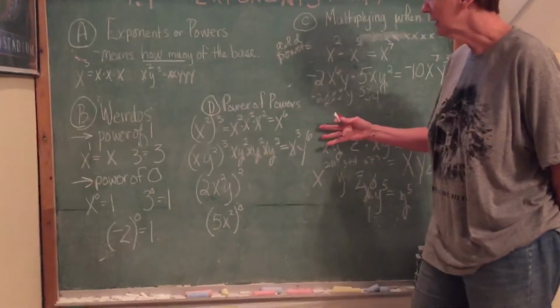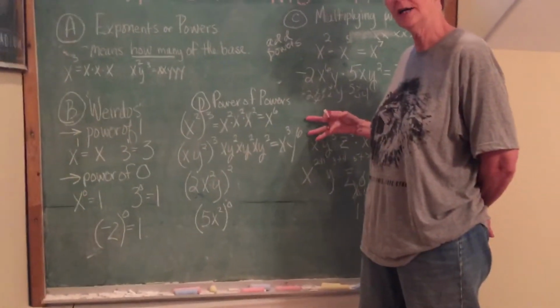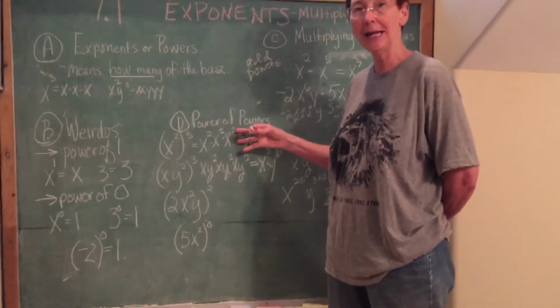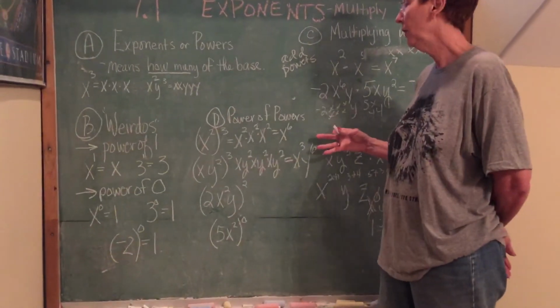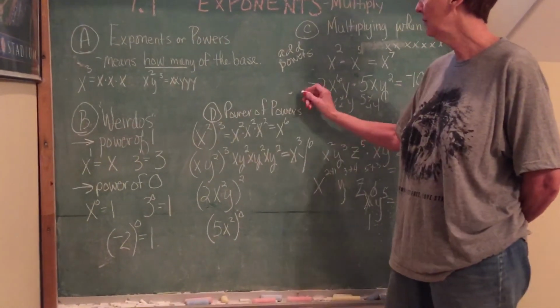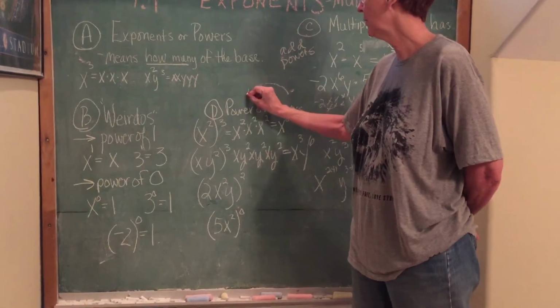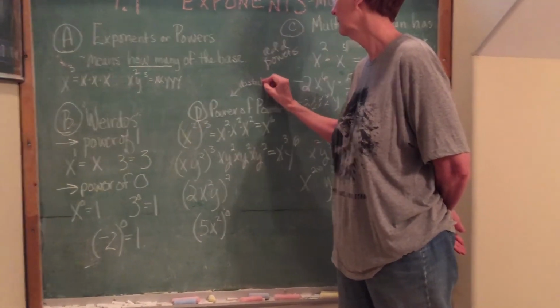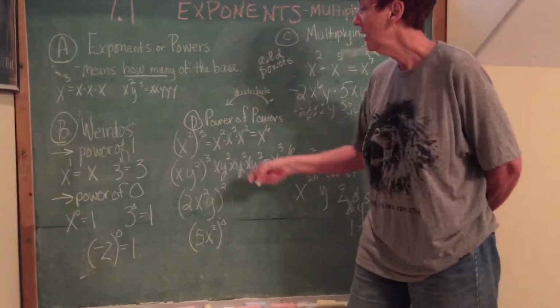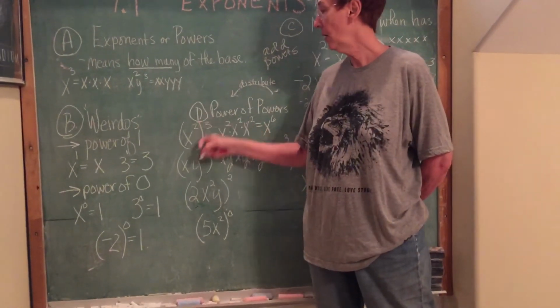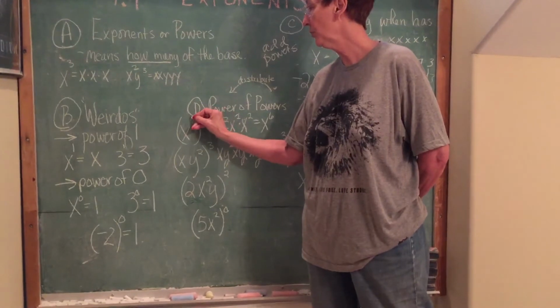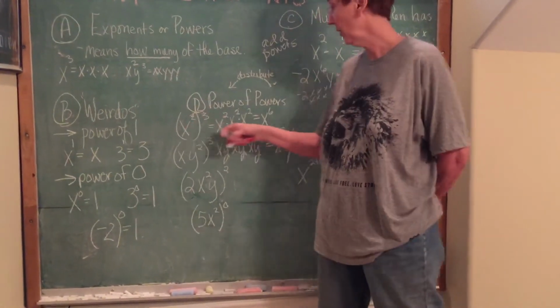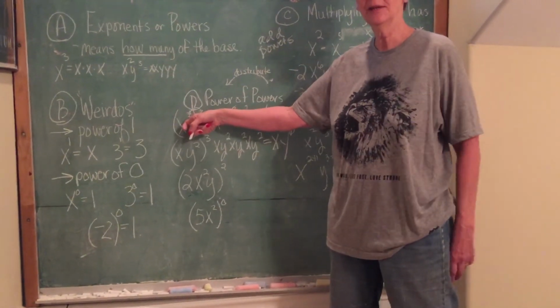Well, let's look at this. What shortcut could I have used instead of expanding it and then doing it? Well, the shortcut is, if it's a power of a power, it's kind of like you're going to distribute that power. So if I have a little 3 here on a pair of parentheses, it's like I distributed that 3 into the power, and 3 times 2 is going to give me 6.